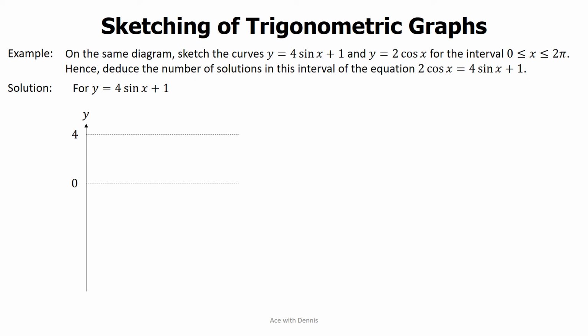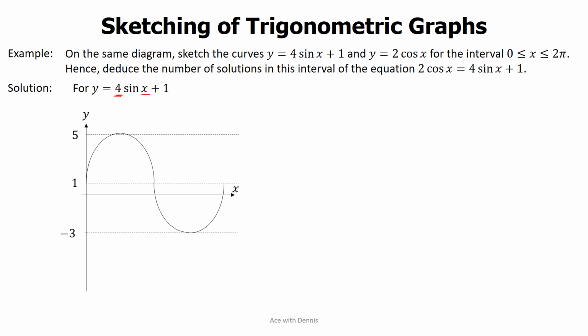The maximum is 4, the minimum is negative 4 because the amplitude is 4. Sine x means there's one cycle. Now shifting plus 1, 0 becomes 1, 4 becomes 5, negative 4 becomes negative 3.